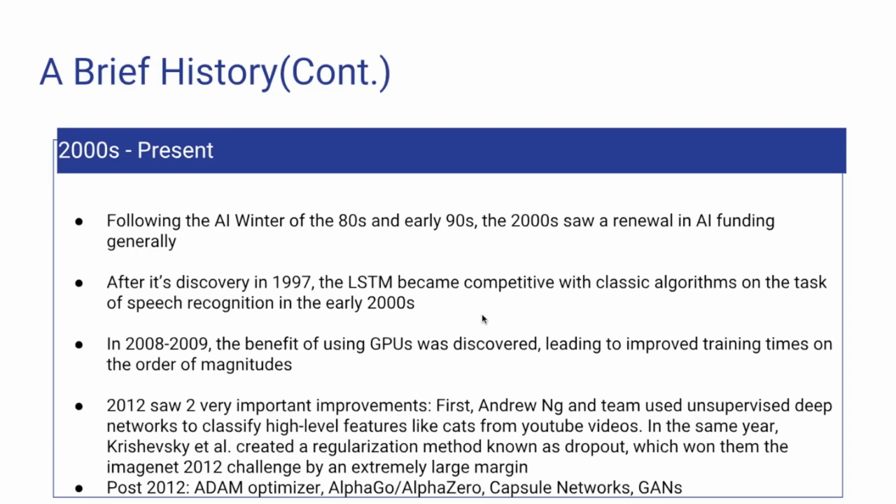Right. So after that, probably the second biggest, you could even say this was the biggest breakthrough in the field. 2008, 2009, the benefits of using GPUs were discovered. For those unfamiliar, GPUs are the main hardware used in machine learning today. You can use a CPU, but it is breathtakingly slow, right?